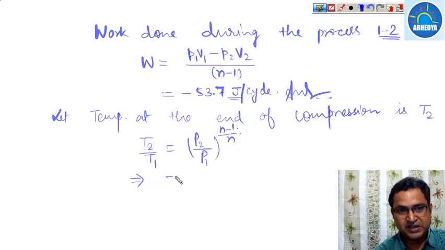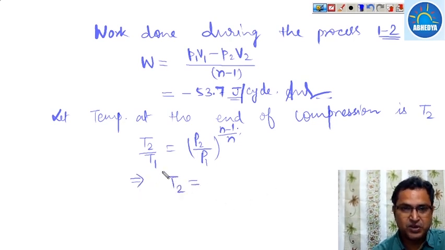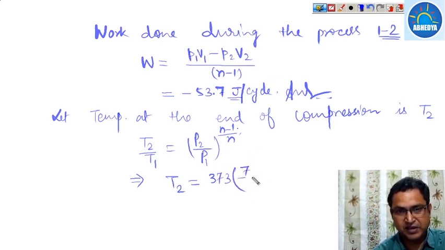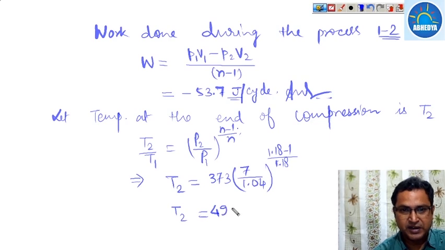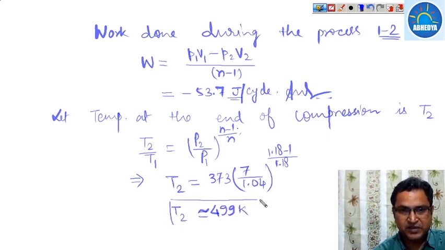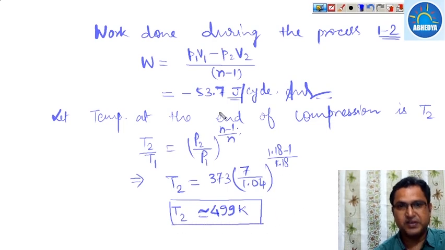So we can find T2 by putting all the values. T1 is 373, P2 upon P1 is 7 upon 1.04, raised to the power 1.18 minus 1 upon 1.18. Once you put all the values, T2 comes to be 499 Kelvin approximately. This is the temperature at the end of the compression.